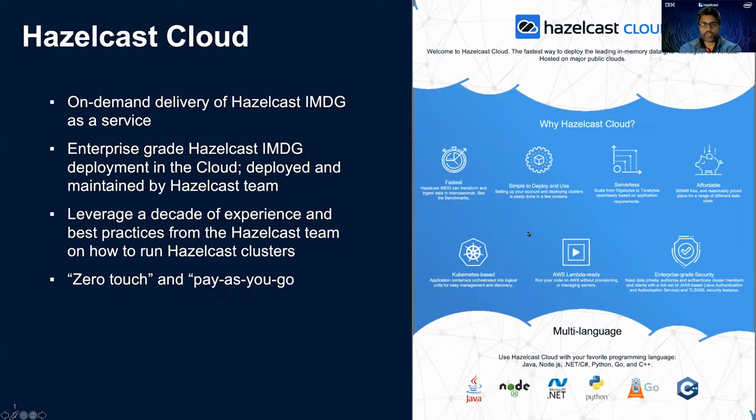You can define what type of instances you want to use for your clustering technology, and that's it. Then you let Hazelcast create the cluster for you. Hazelcast will create the VMs, Hazelcast will create the environment, and it will deploy a cluster for you and give you an endpoint for your applications to connect to the cluster and use all Hazelcast services just like an ordinary Hazelcast cluster that you would use.